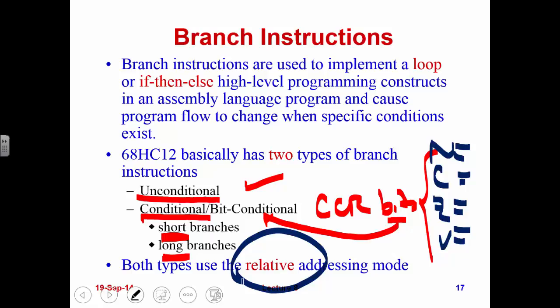This operand can be specified using a numerical value, which can be decimal, binary, or whatever. Or if you don't know the numerical value, we can specify this operand using a label.